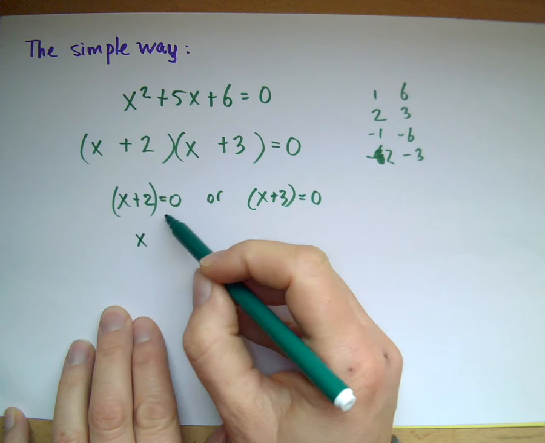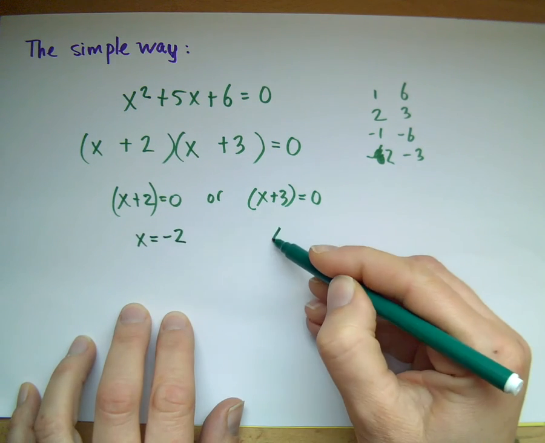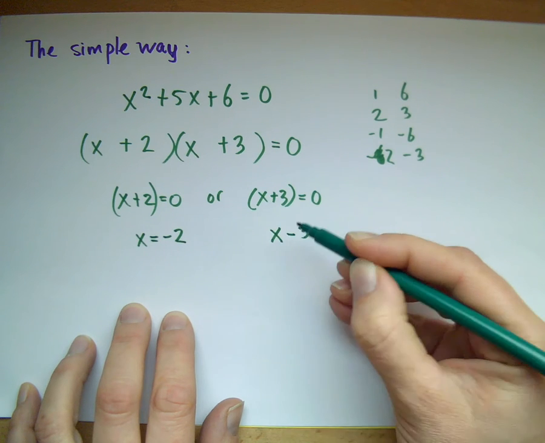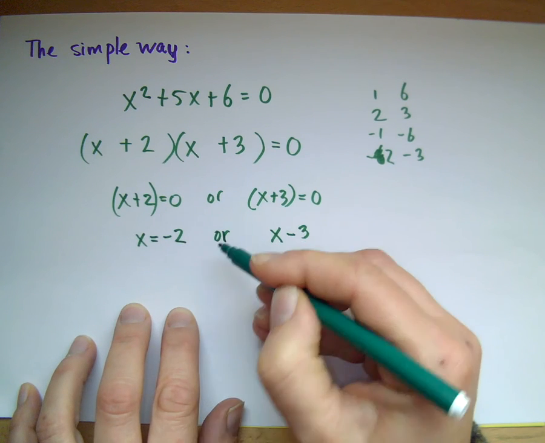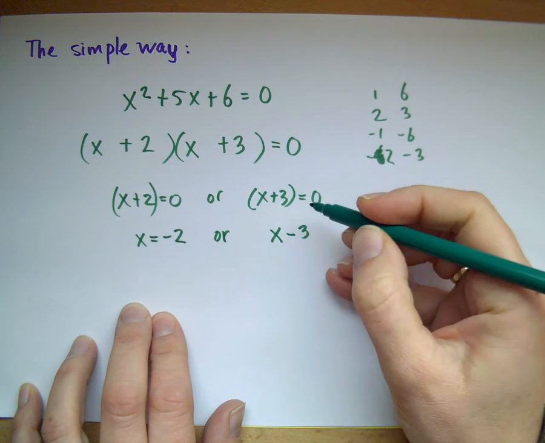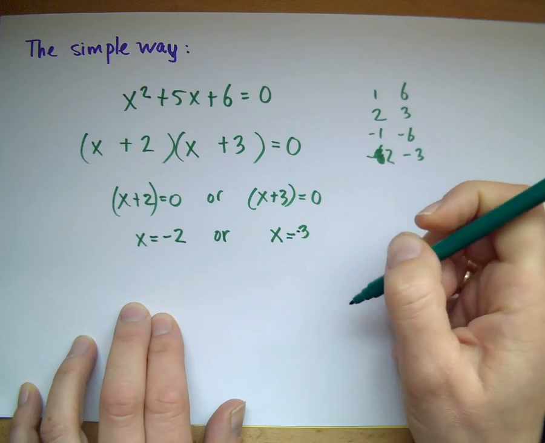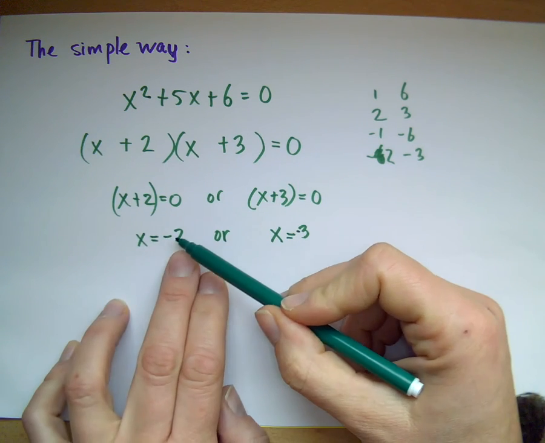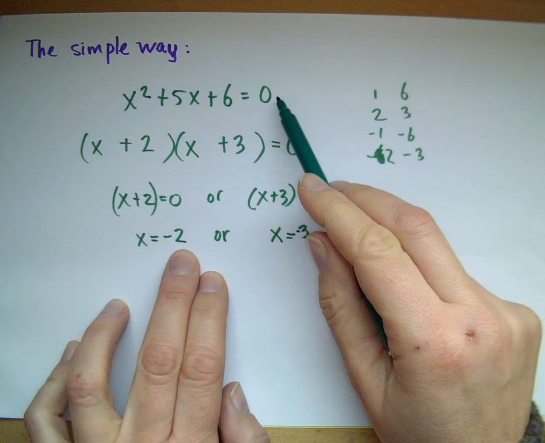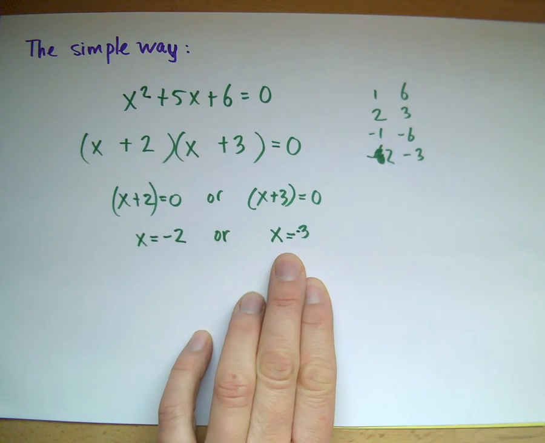So if we solve for x here, x would equal negative 2. If we solve for x here, x would equal negative 3. So either x is negative 2 or x equals negative 3. If x is negative 2, this equation will be true. If x is negative 3, this equation will be true.